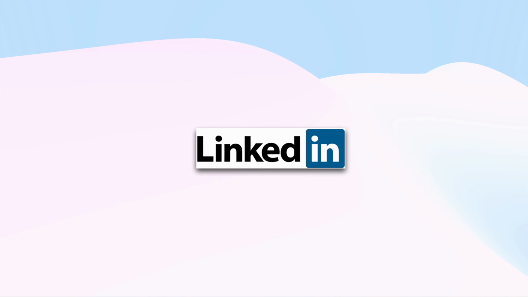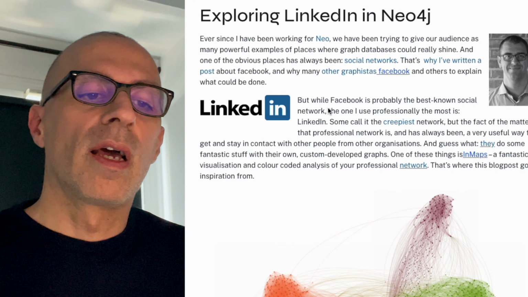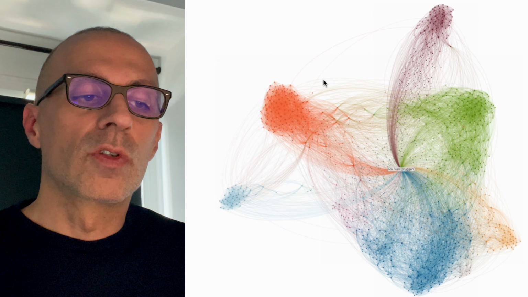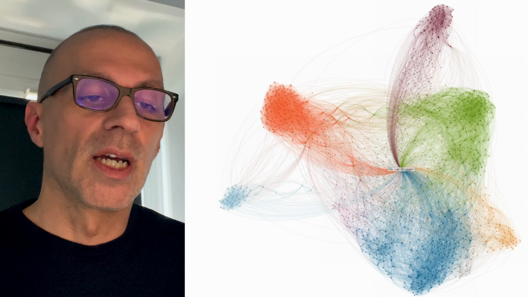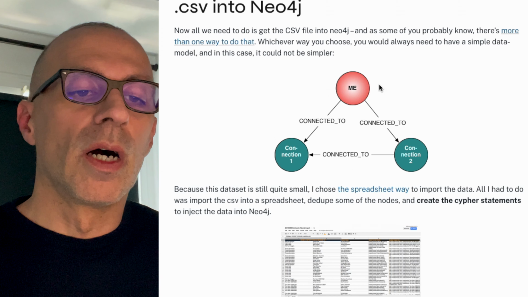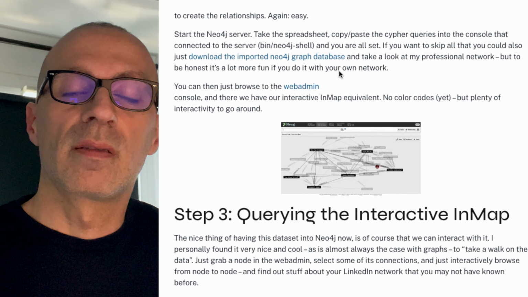LinkedIn is essentially a massive professional network, and graph databases are perfect for modeling the complex relationships between users, such as connections, job recommendations, group memberships, and more. LinkedIn uses a graph database to help users discover connections, recommend jobs, for instance, and even show people you may know based on your existing network.